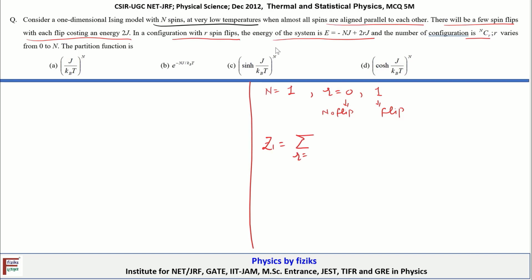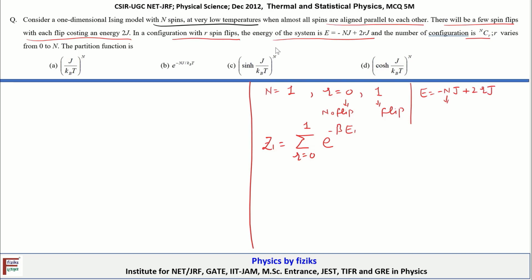the summation over R from 0 to 1 of exponential minus beta E1. Now E is given by the expression that is given to us, E is equal to minus Nj plus 2Rj.